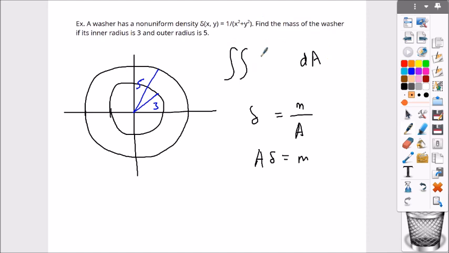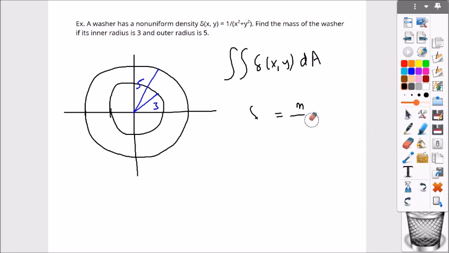So this is what we're doing right here. This is the area. This is the density, I'm just going to say x, y. That's the density. And then we get mass as a product. So we're multiplying the area by the density. So density of x, y, dA.